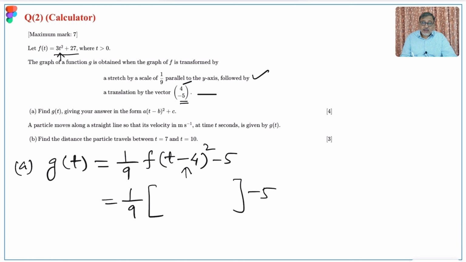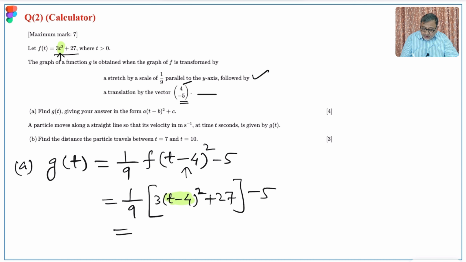Okay, and the constant will remain as it is. So 3 into (t minus 4) bracket square plus 27. Look here, I have changed t by t minus 4 and the square remains. Okay, so this is the change. I hope you understood this.